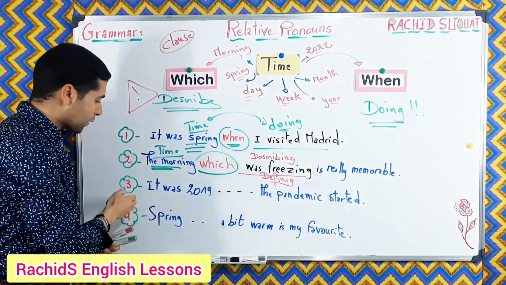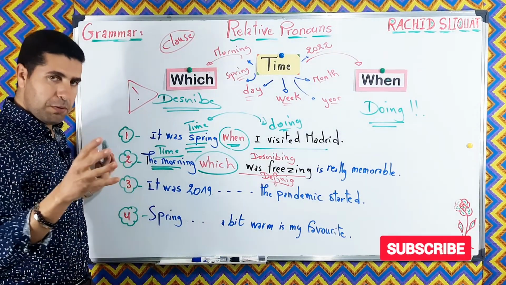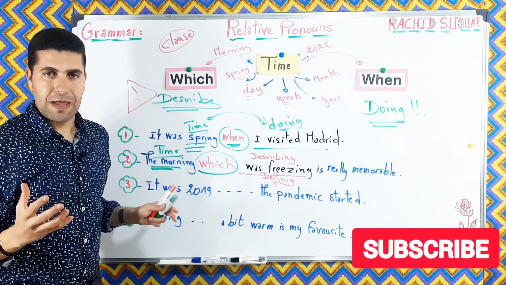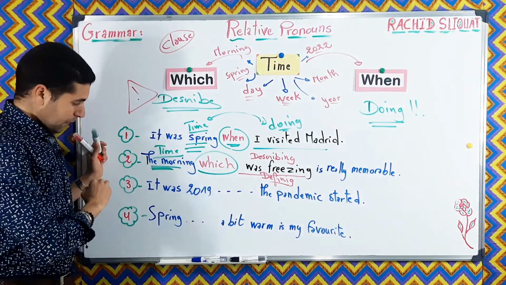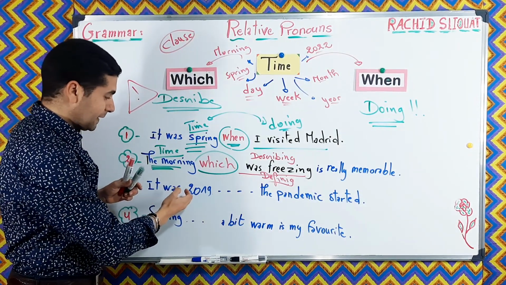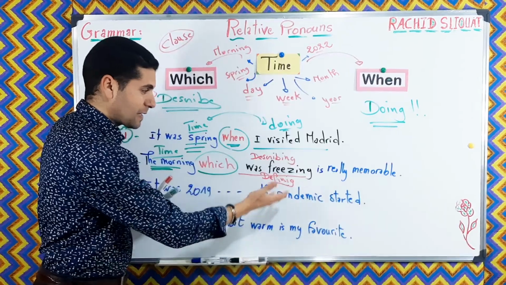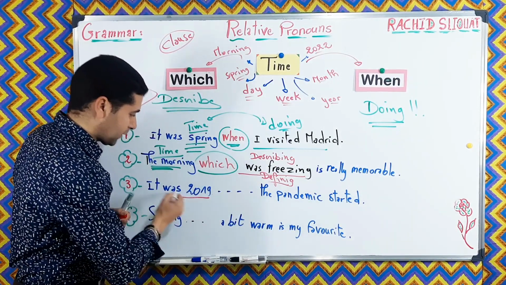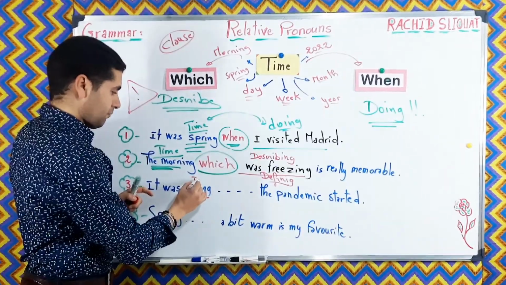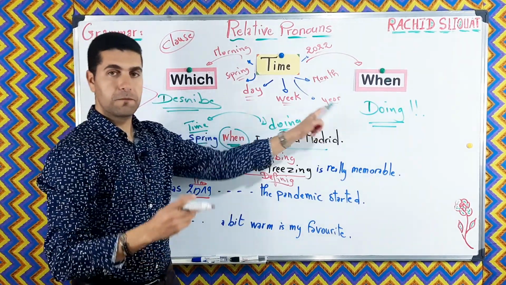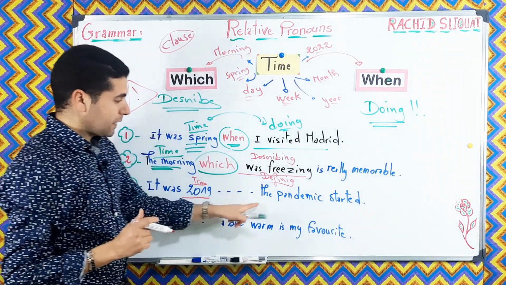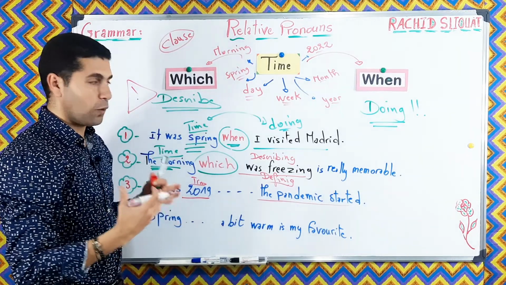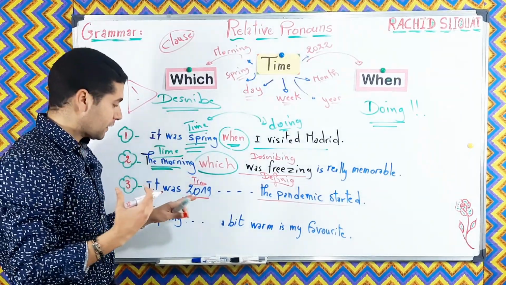Now let's go to number three and number four. You can pause the video, try to complete them, and then we do it together. In number three: it was 2019 the pandemic started. 2019 is a year, something to do with time, and the pandemic started. Are we describing 2019?